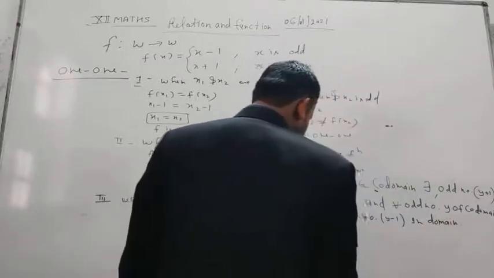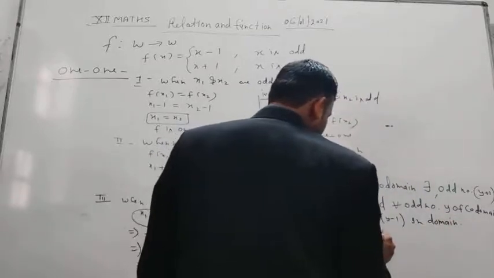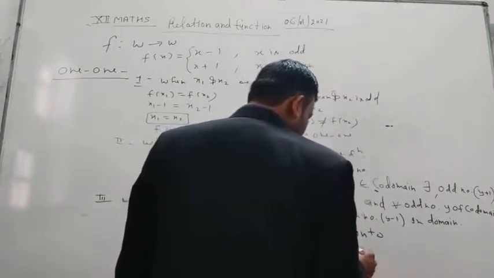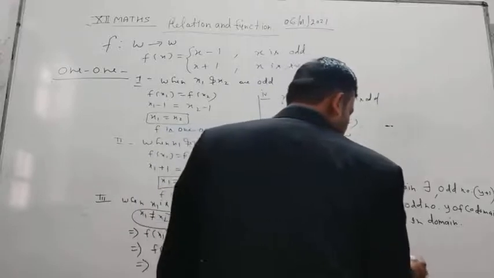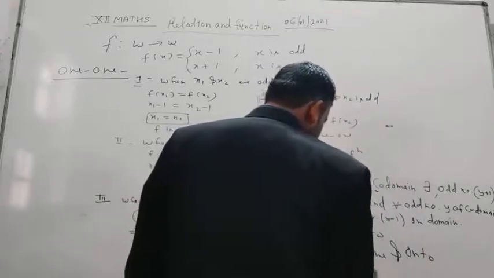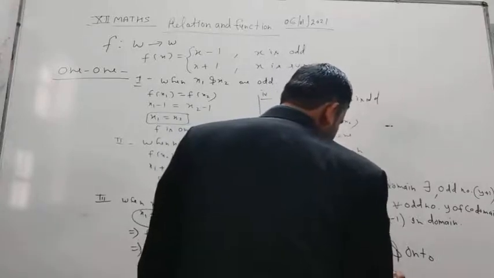This implies function is onto. So function is one-one and onto. This implies function is bijective.